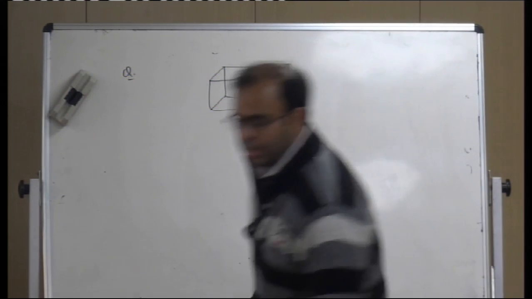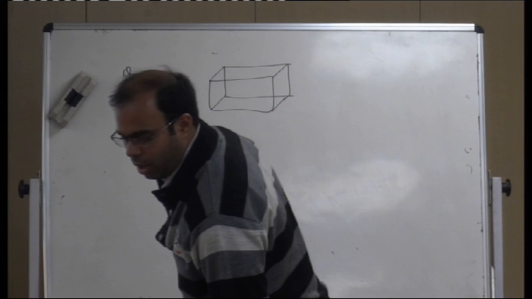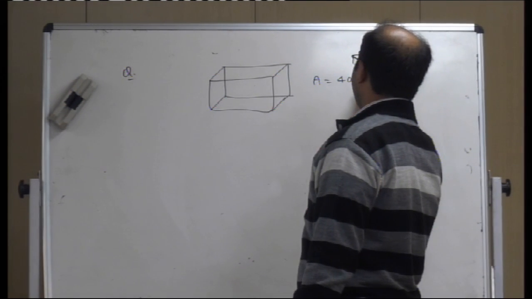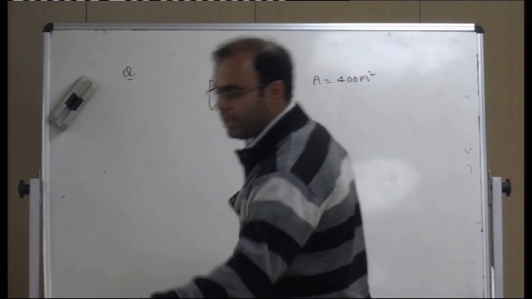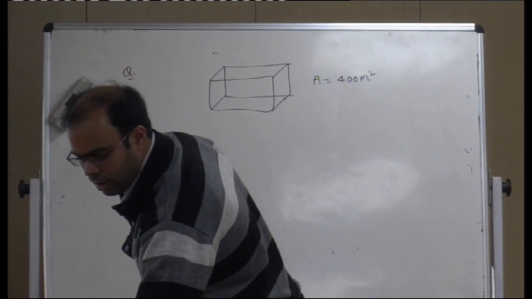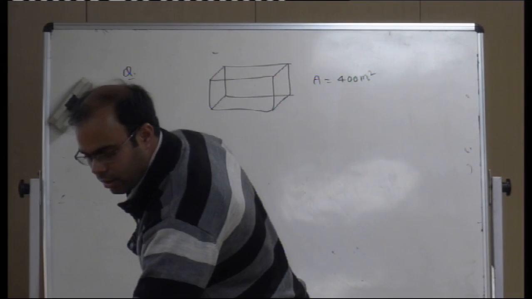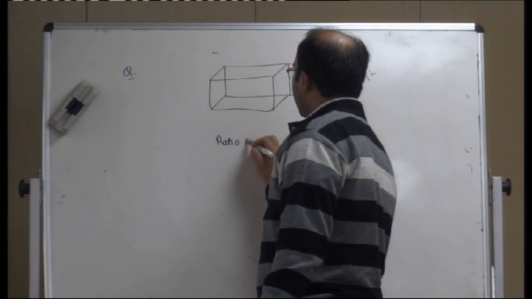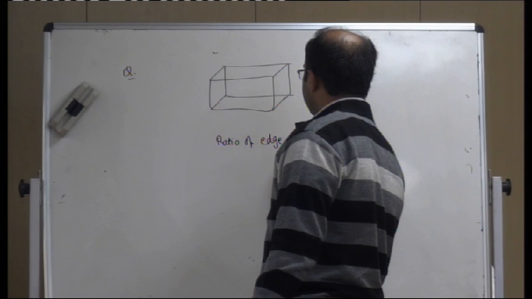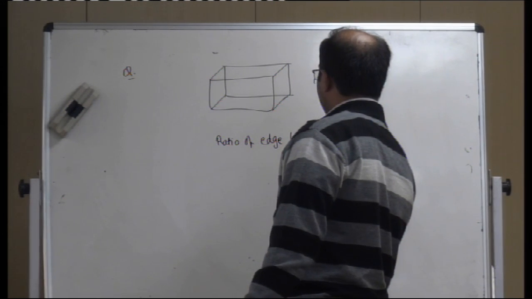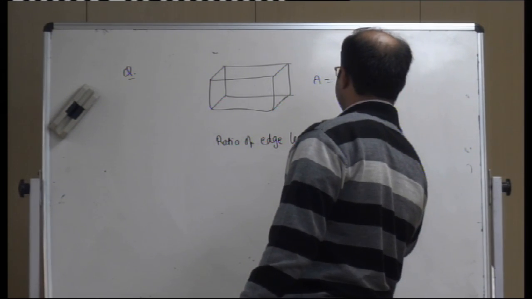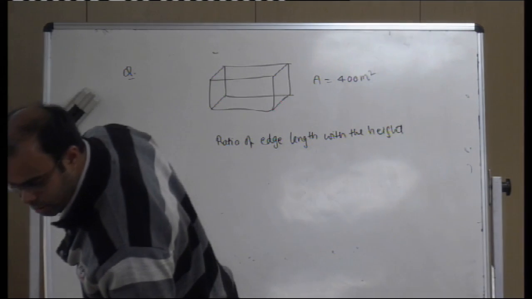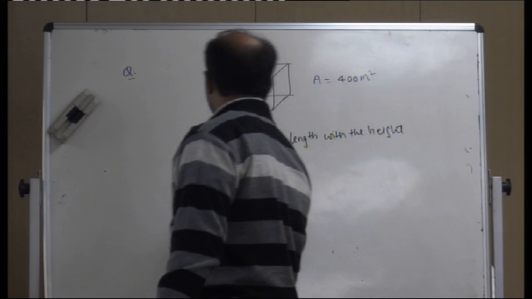In the question it is given that the area of the base is equal to 400 meter square, and you have to find the ratio of edge length with the height under the condition where the volume is maximum.